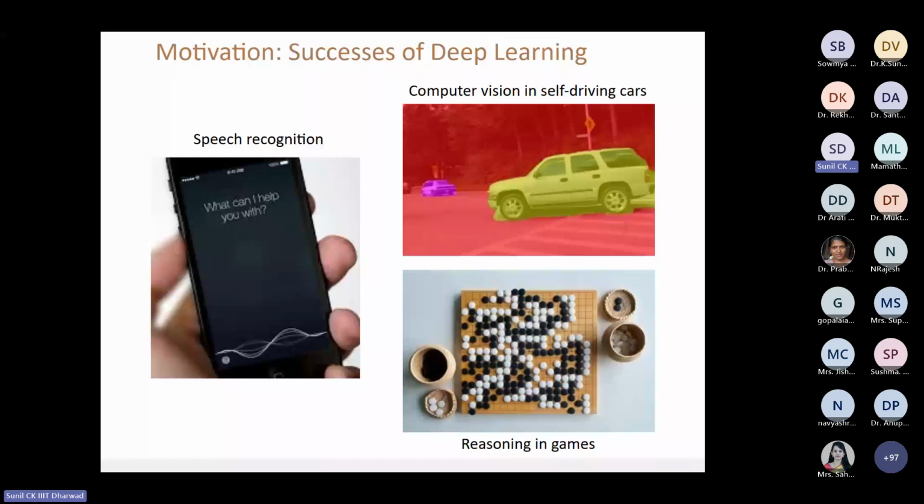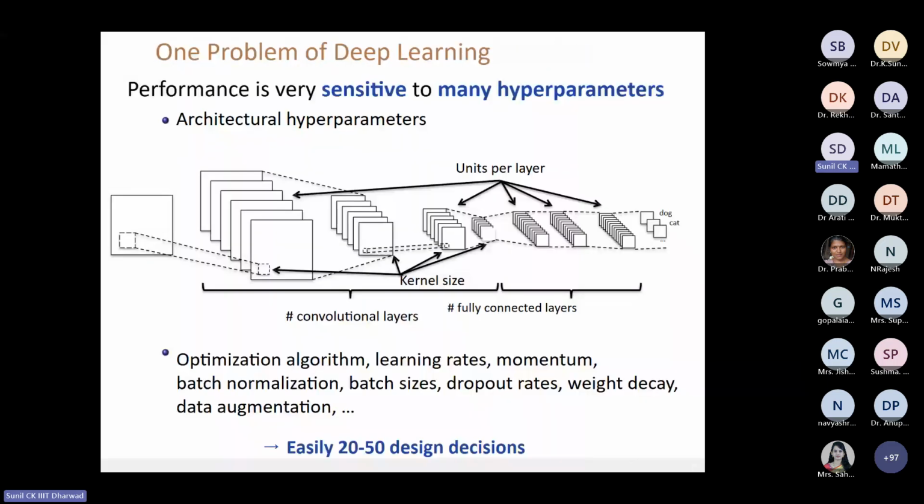And reasoning in games, okay, these are some of the examples. These sensors make us think about automated machine learning, such things can be done. One problem of deep learning is that performance is very sensitive to the hyperparameters you choose, and we don't have any control over which hyperparameters to choose for the deep learning models.